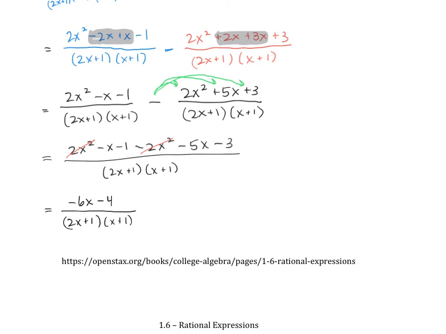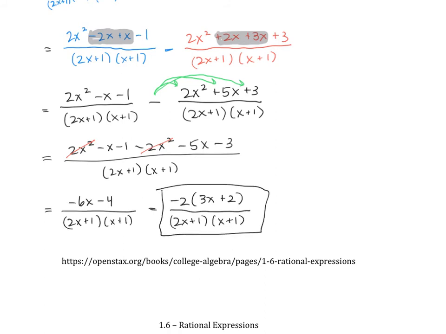All right, now the last step is to factor the top to see if you can reduce. So the top, they both have a negative and a 2 in common. So I could pull out a negative 2, and that would give me 3x plus 2 over 2x plus 1 times x plus 1. I do not have any factors that are the same. So this is as simple as it gets.